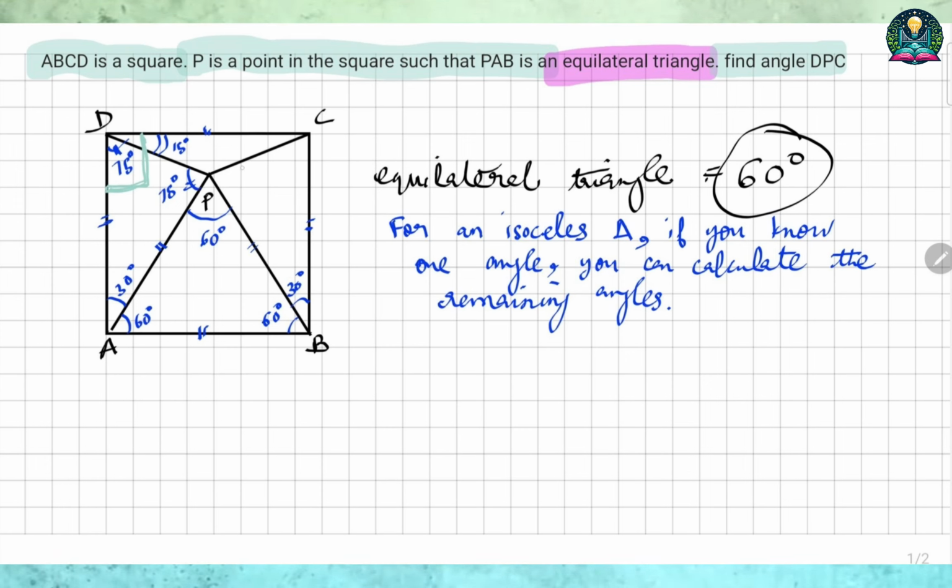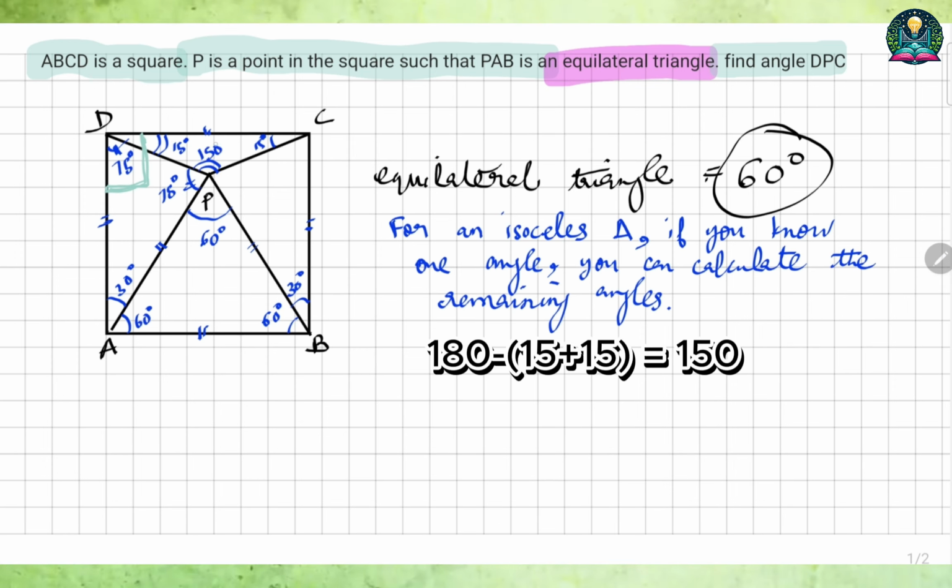So we can say that angle PCD is 15 degrees as well. And if you don't believe me, you can try solving the angles for triangle PBC just the way we did it for triangle PAD. So now we have both angles as 15 degrees. So it's pretty straightforward to calculate angle DPC: 180 minus 30, which would be the final answer, 150 degrees.